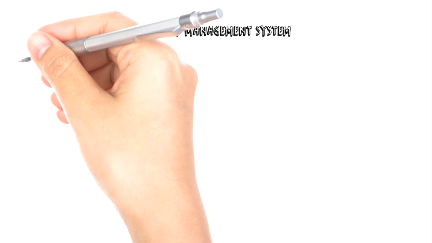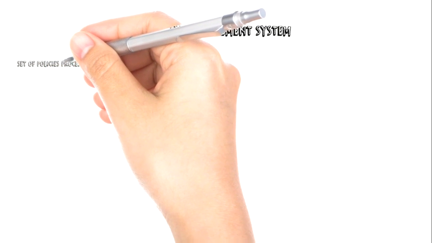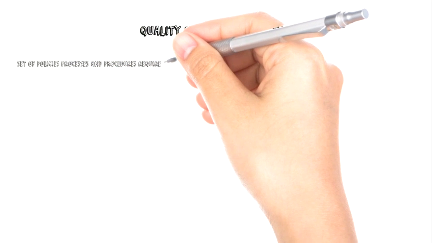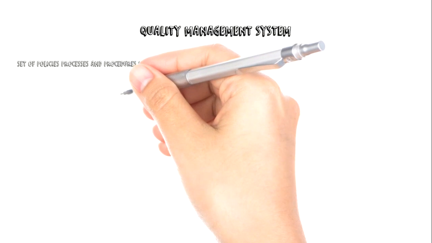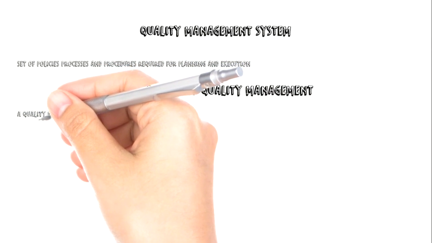Quality Management System, a set of policies, processes, and procedures required for planning and execution. The concept of quality management. A quality management system in its basic concept is quite simple.